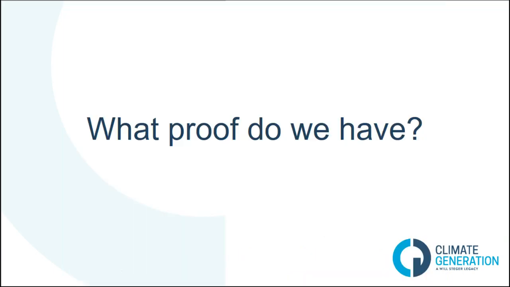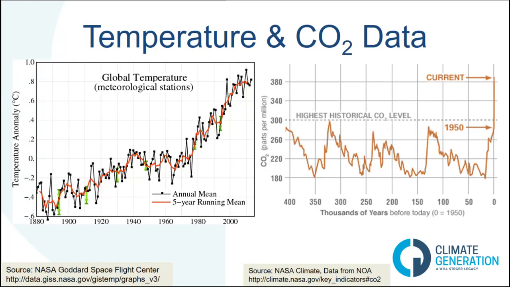So basically, what proof do we have that this is actually occurring? There's a lot of proof. If we take a look at our temperature trends over the course of time, as well as our carbon dioxide emission data, you can see that our global temperature has increased significantly.